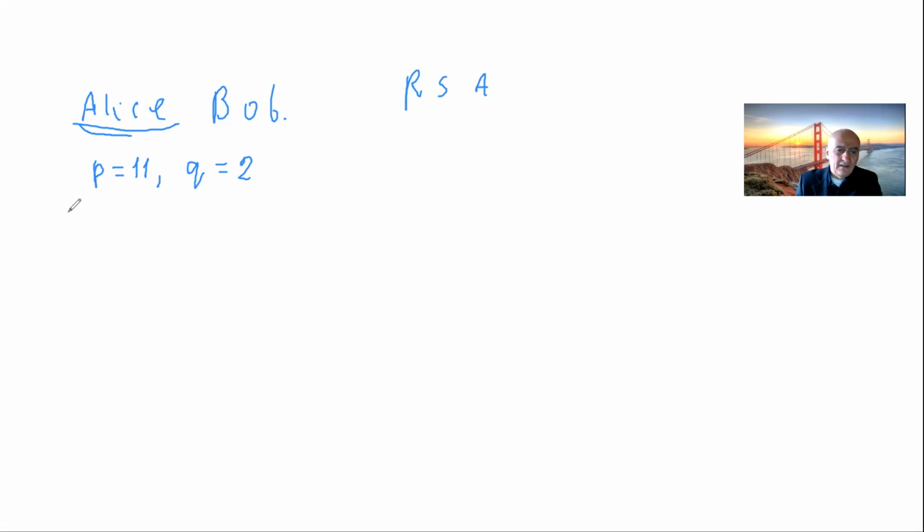Then she multiplies these prime numbers, N equals P times Q, and this is 22.